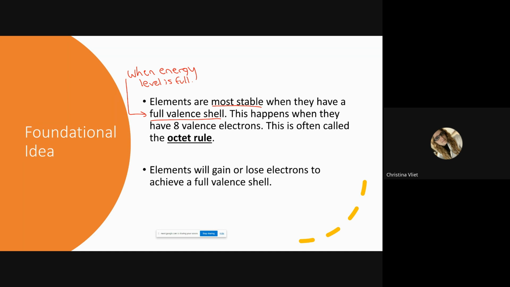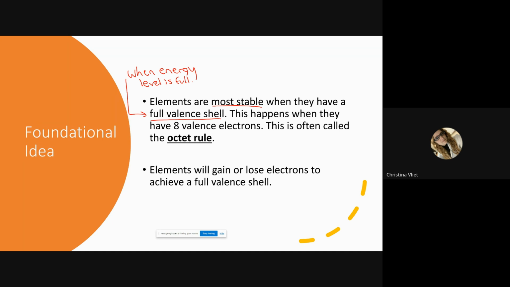Well, what elements have 8 valence electrons naturally? Noble gases. So this actually tells us that elements will lose or gain electrons to have a full valence shell, or to achieve the amount of valence electrons as the nearest noble gas.